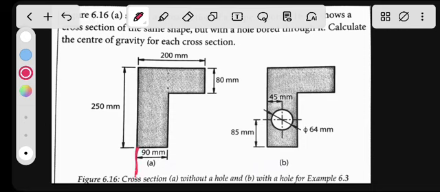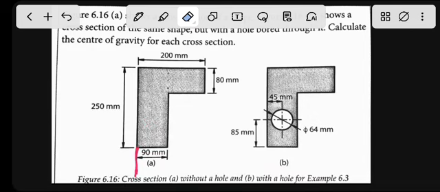We can cut this object like this, or someone can cut this object like that. It's up to you, and we have two rectangles.